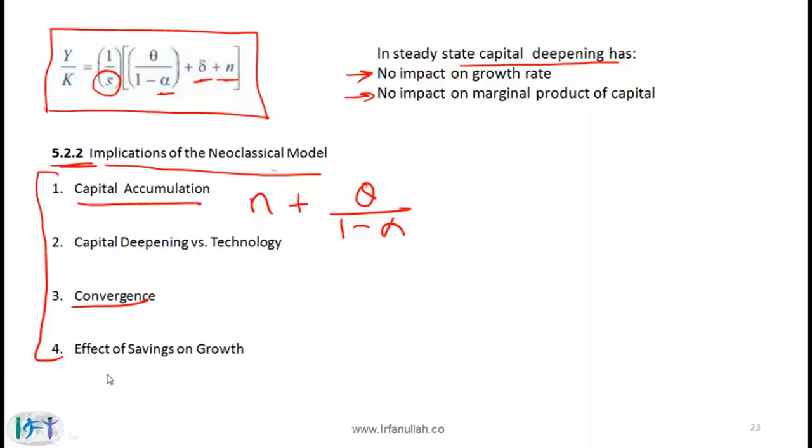And finally, however, countries with higher saving rates will have a higher level of per capita output, a higher capital to labor ratio, and a higher level of labor productivity. So again, I know I have simply read from the curriculum, but this is perhaps the most important segment from all these pages on the neoclassical model.